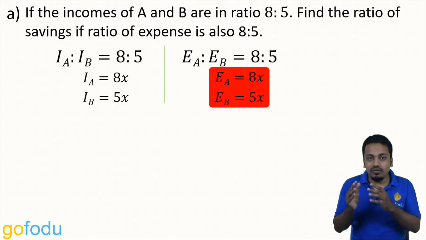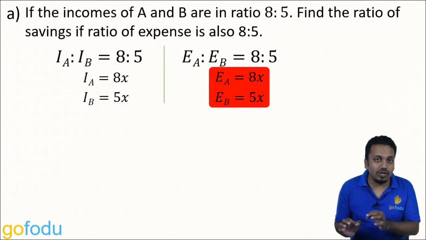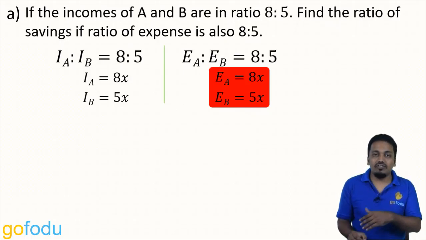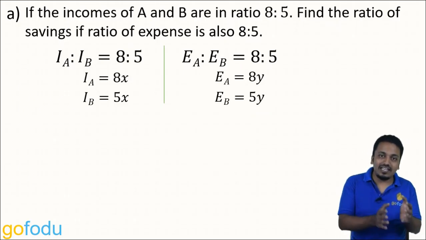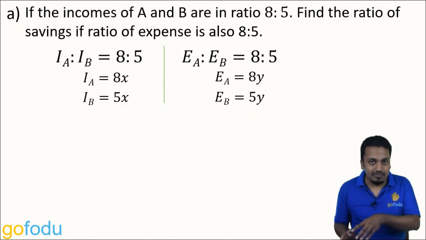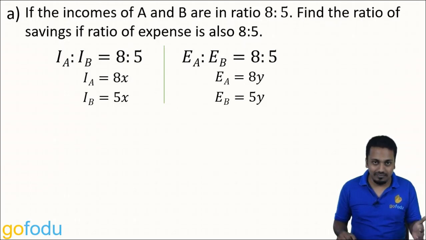So we will use y to represent the expenses. Expenses will be 8y and 5y. After solving, x and y might turn out to be the same, but as income and expenses ratios are independent of each other, we need to use different variables x and y to represent them.